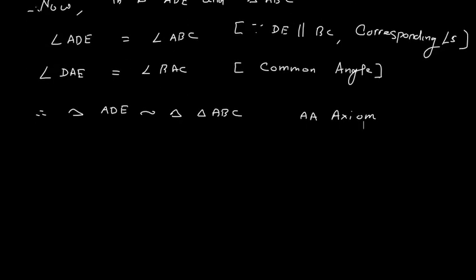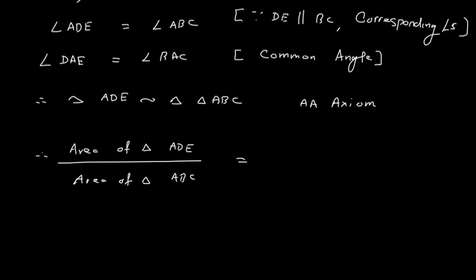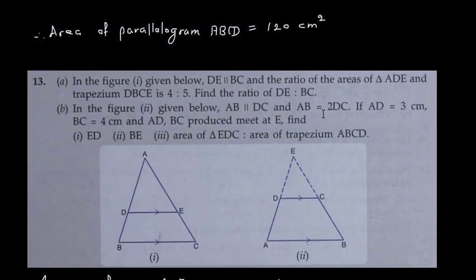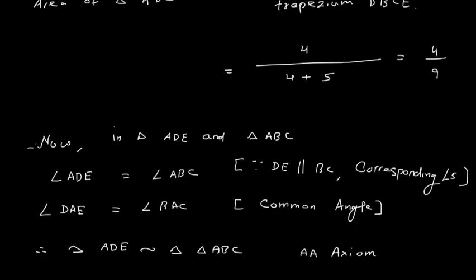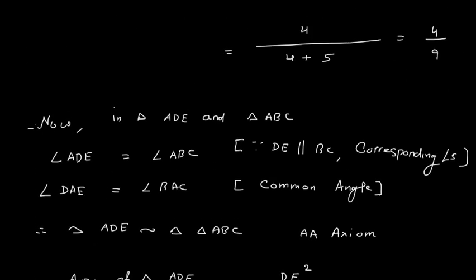So therefore area of triangle ADE divided by area of triangle ABC will be equal to DE upon BC, squared. So this will be equal to DE square upon BC square. This ratio we already know, 4 upon 9.